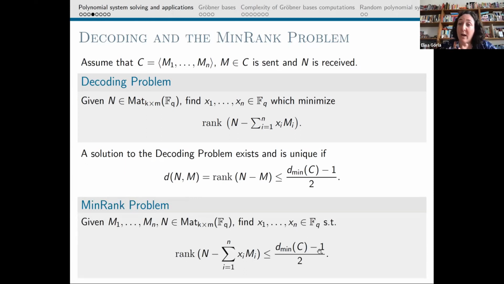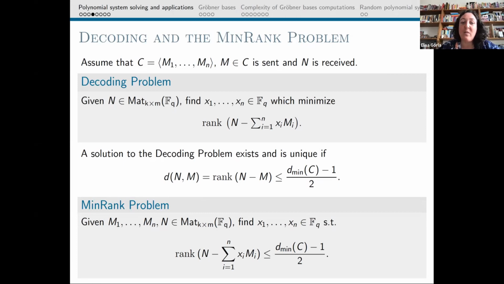And this allows us to write a polynomial system, which is the system that comes from taking minors of appropriate size of this matrix whose entries are linear forms. So this shows how we model this problem in a way that leads us to writing a system of multivariate polynomial equations. And when we know how to solve this problem, we know how to decode our code.